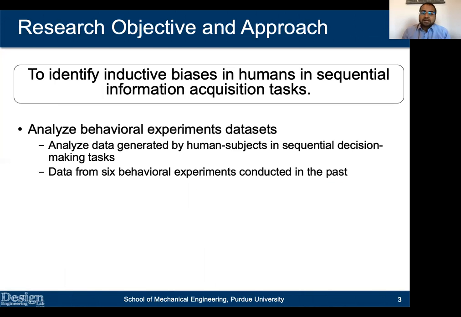That's why the objective of this paper is to identify inductive biases in sequential information acquisition tasks. To do this, we leverage experimental data sets of controlled behavioral experiments that we have conducted in the past. All of these experiments have sequential information acquisition tasks, and so we want to study how human subjects are making these decisions.